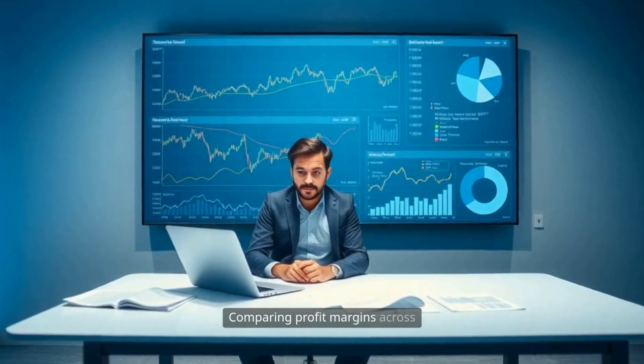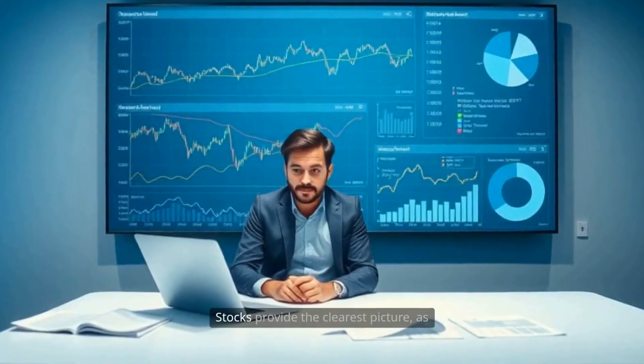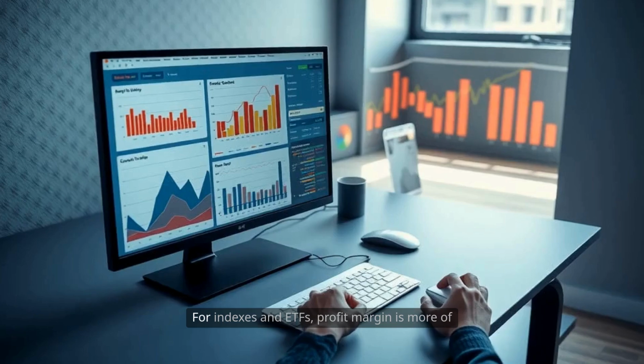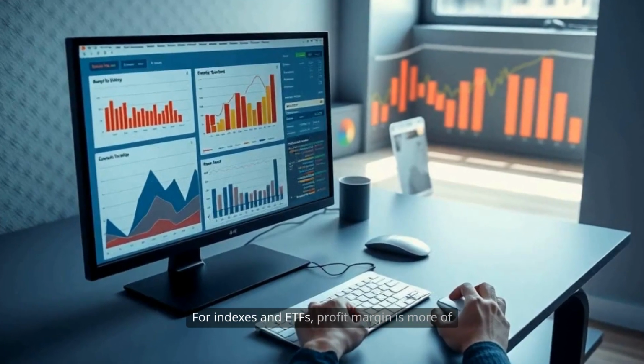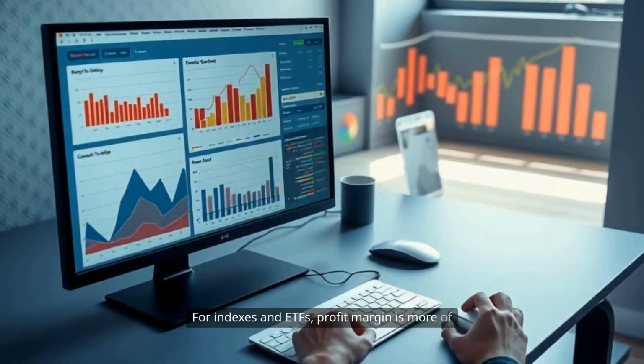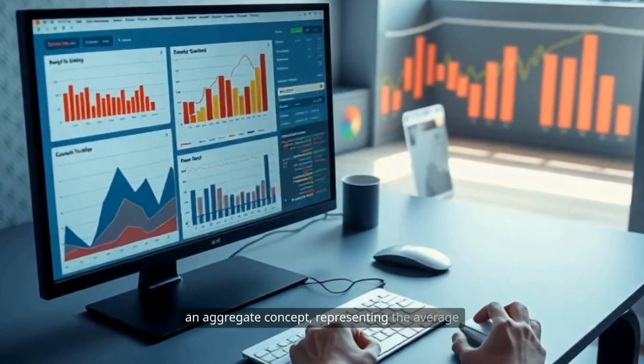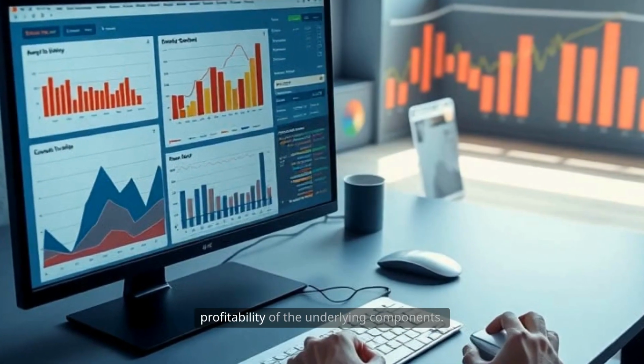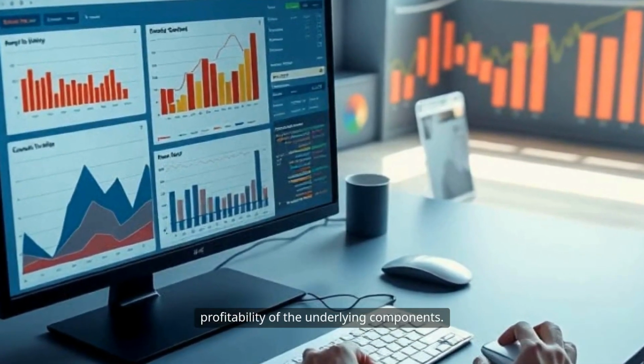Comparing profit margins across these three vehicles can be complex. Stocks provide the clearest picture, as you can directly analyze a company's financial statements to determine its margins. For indexes and ETFs, profit margin is more of an aggregate concept, representing the average profitability of the underlying components.